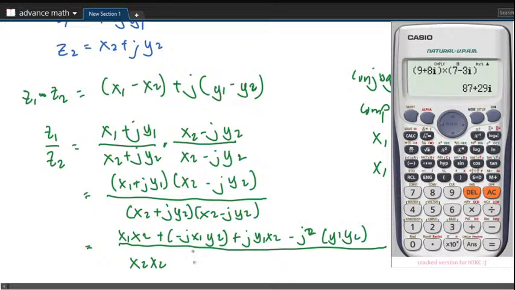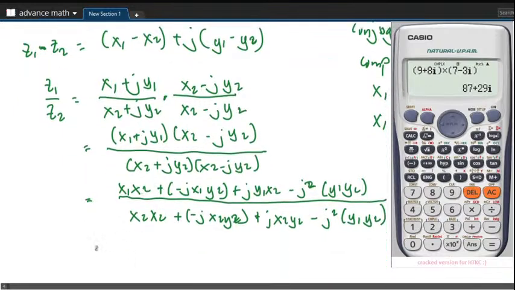Then we have plus negative j x sub 2 y sub 2, plus j x sub 2 y sub 2, minus j squared y sub 2 squared.